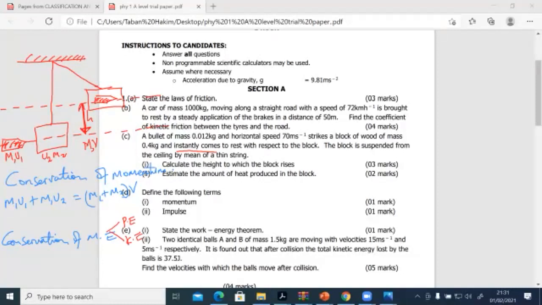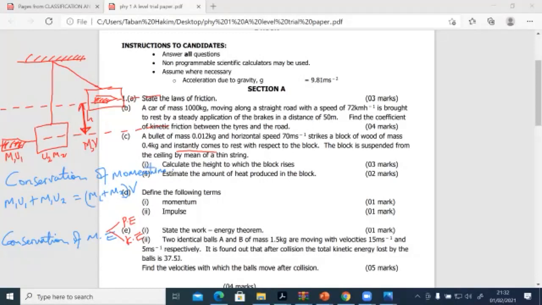The principle of conservation of mechanical energy simply says that when a body is moving up or down in a constant force field, that is under gravitation, the sum of the mechanical energy at any one point is always a constant. When you add kinetic energy plus potential energy at any one point in a gravitational field, you'll always get the same value.